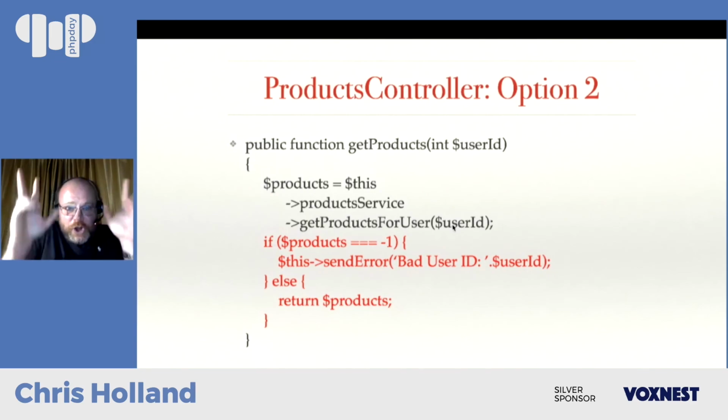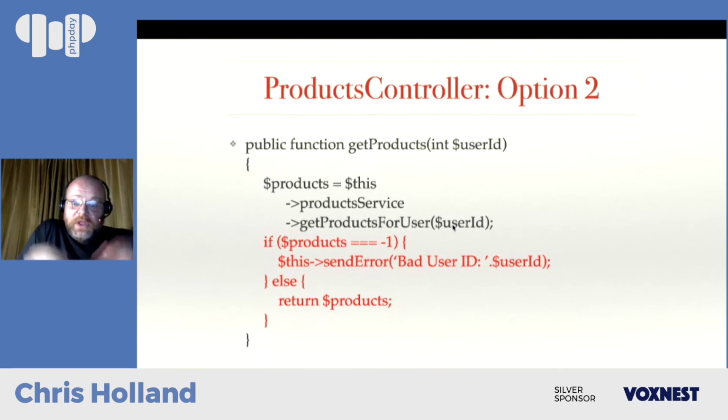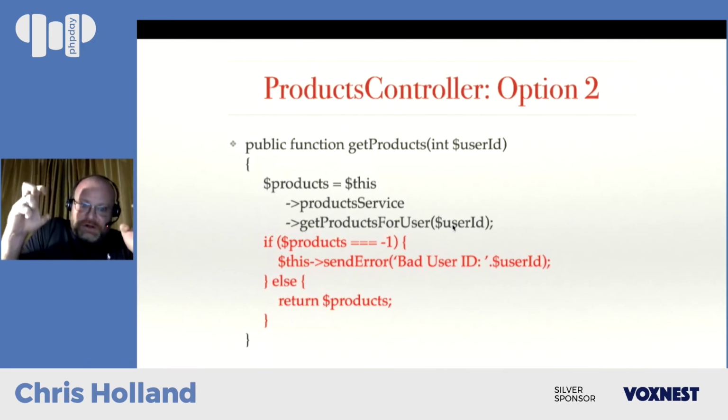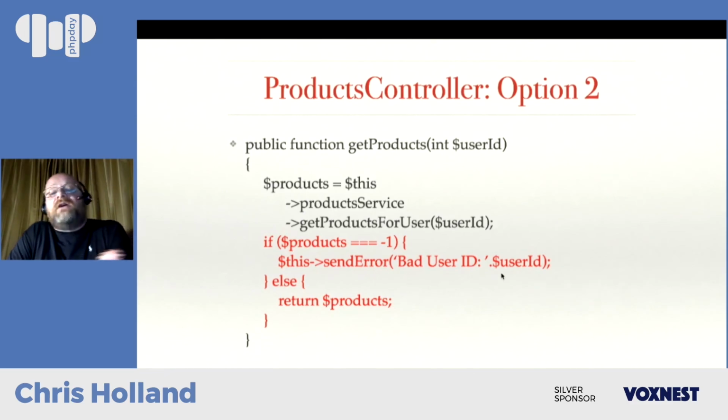My products array could actually be the -1 integer. And so I'm literally handling this right here, so that I can send an error to my end user that says, you gave me a bad user ID. Otherwise, okay, I can return my JSON array of products, for example, right?